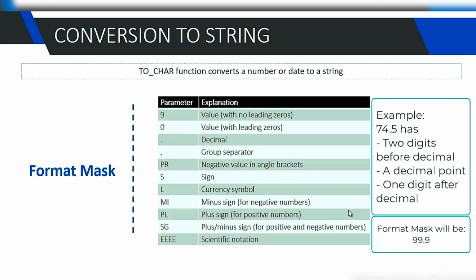Then you will mention the decimal point which is a dot, and then you will again mention a value which is 9. If you want extra leading zeros, you can write 0099.9, which will make it 0074.5 in the string. This will become more clear when we look at some examples.